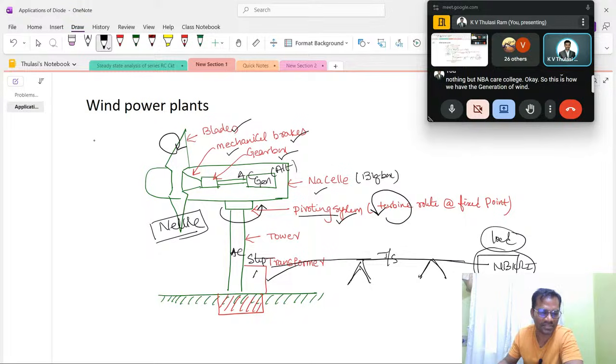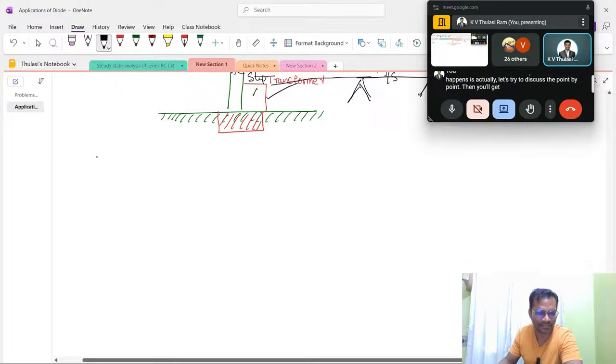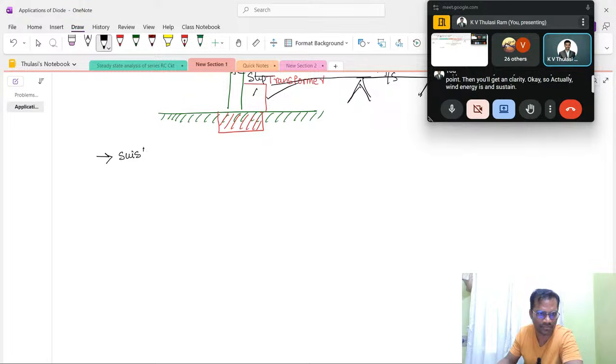So let's discuss point by point, then you'll get clarity. Actually, wind energy is a sustainable energy, and sustainable means it is a long lasting energy. It is available in unlimited quantity in nature, so there is no limit for this energy.